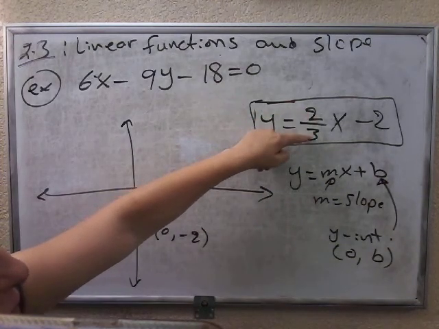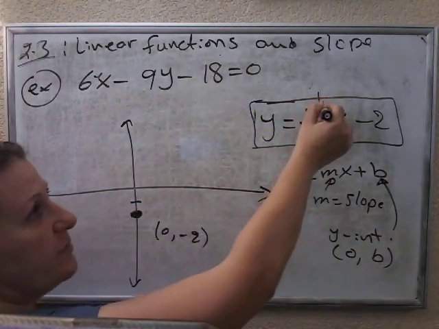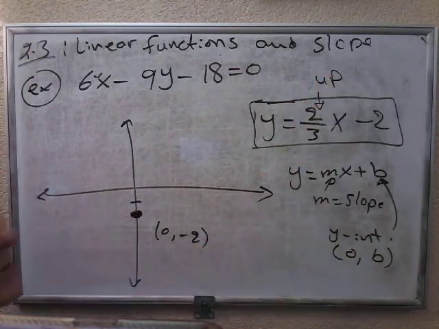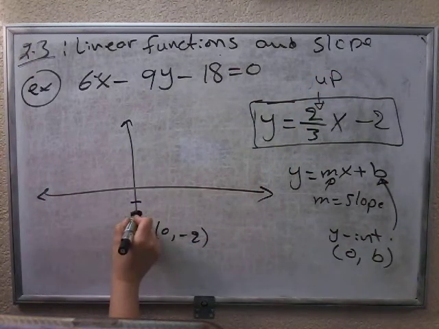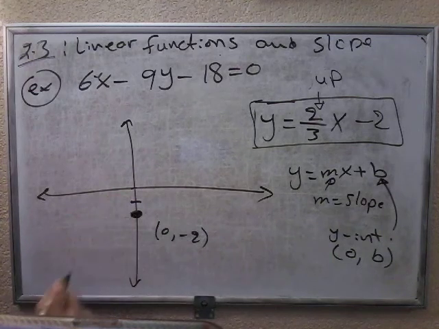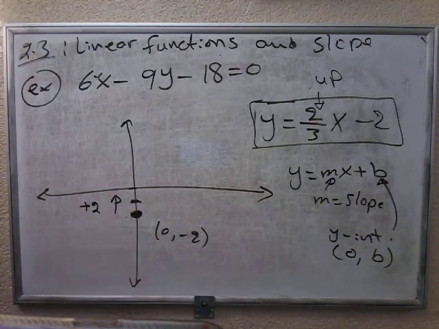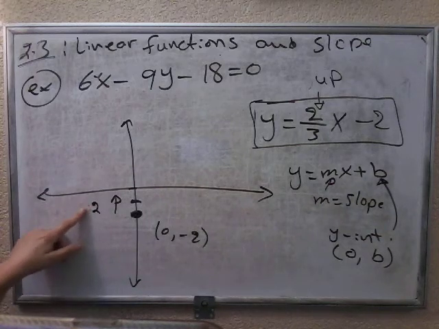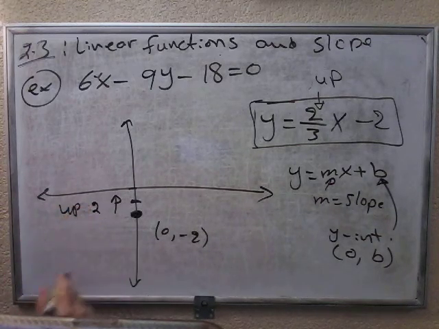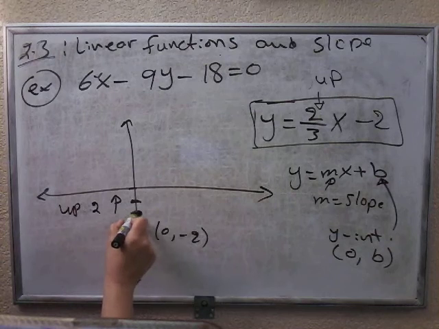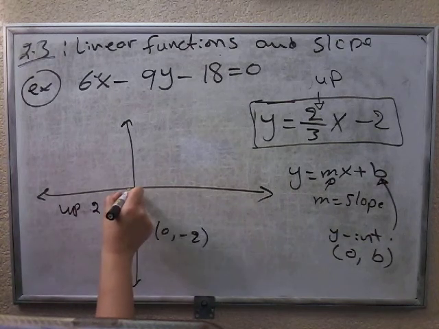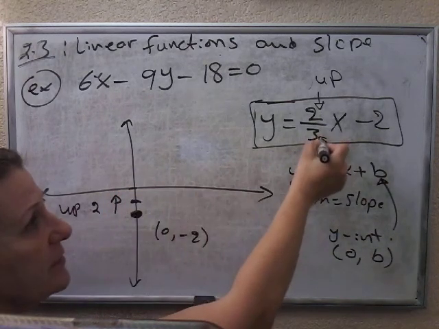2 over 3. 2 is positive, that means we're going up 2. So from here, 1, 2, you're going plus 2, up 2. Okay, so I'm right here. I went up 1, 2. And then a 3 to the right.